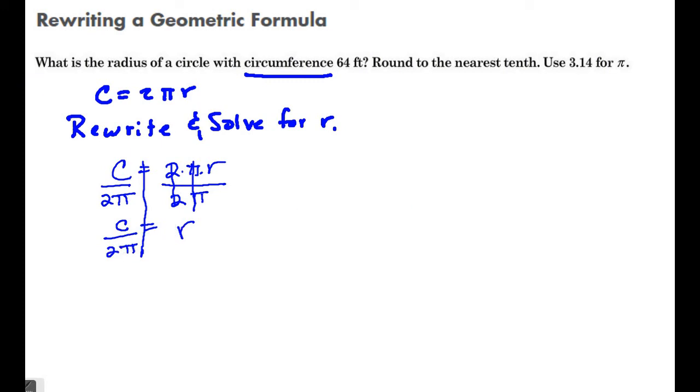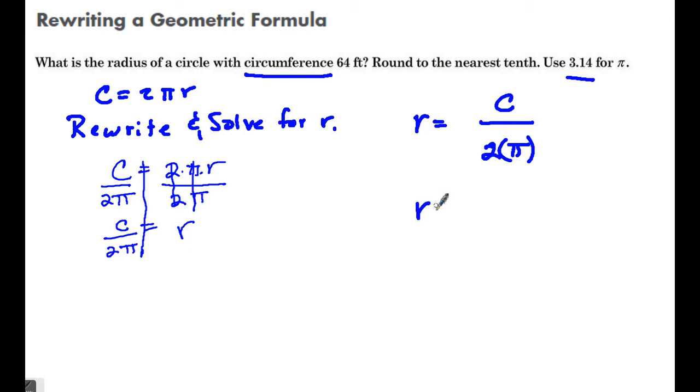Now, when I rewrite this formula, let me use a little darker pen here. I'm going to go ahead and write that our new formula, r, therefore, is going to equal circumference divided by 2 times the value of pi. And remember, pi is 3.14, which we're going to replace for that.